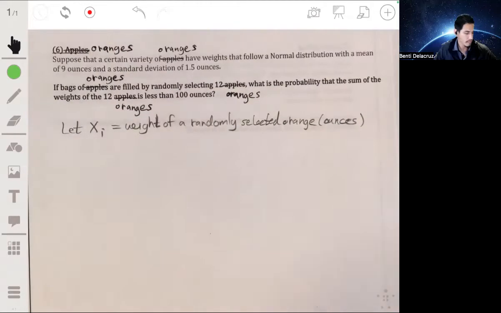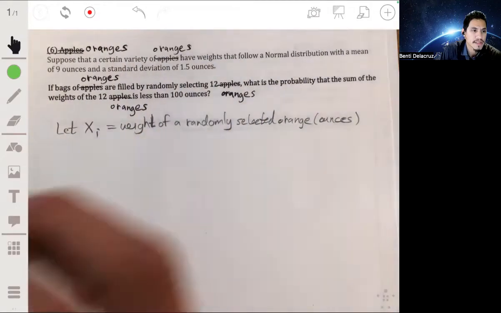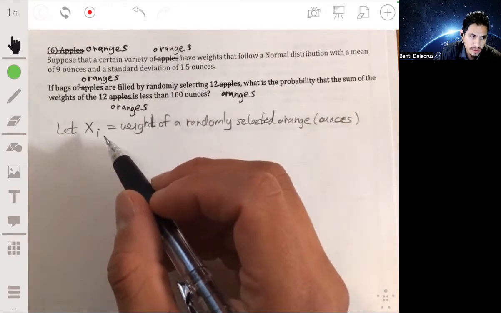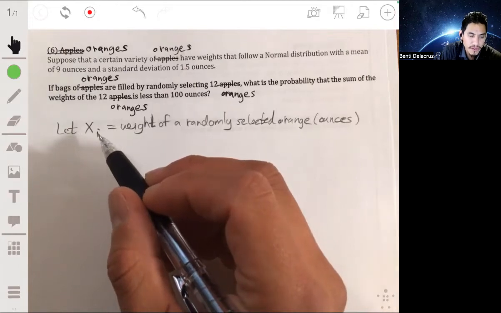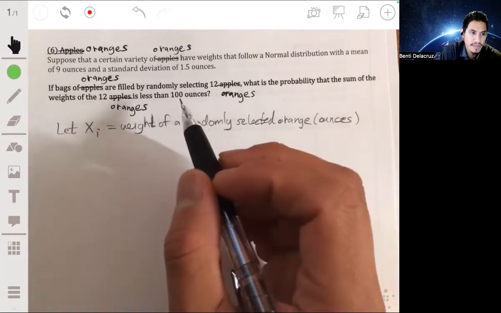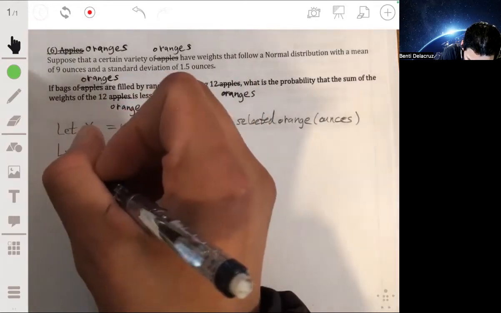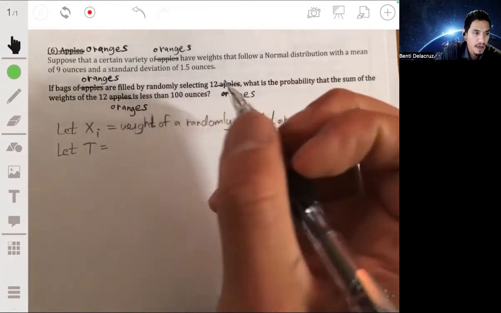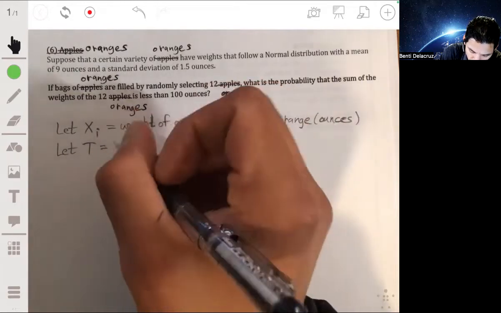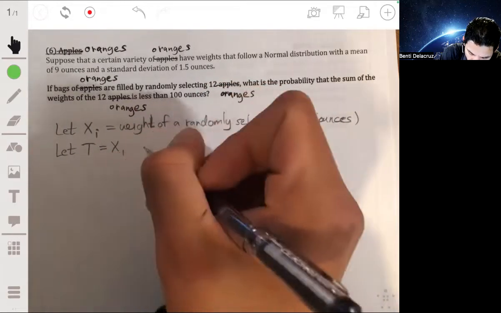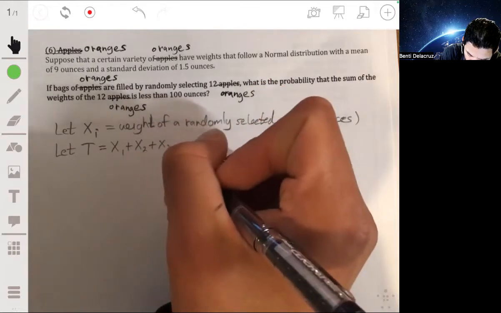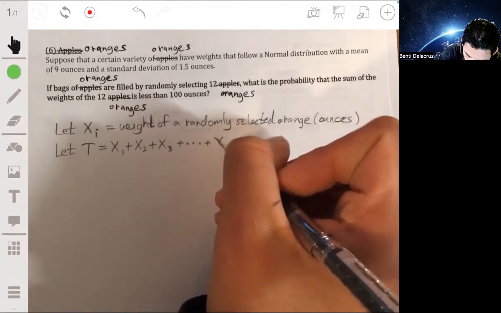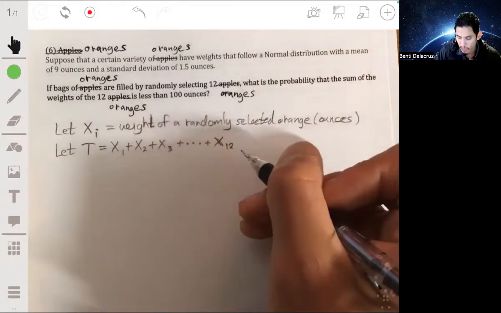And what we're trying to figure out is the probability of selecting 12 oranges, so 12 of these x of i's, adding their weights and it being less than 100. So we're going to have a new variable that we're going to call t, and t will be the sum of 12 randomly selected oranges, or the sum of x1 plus x2 plus x3 plus all the way till we have 12 oranges selected.